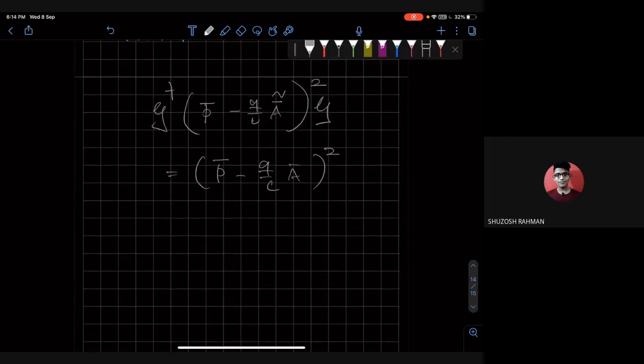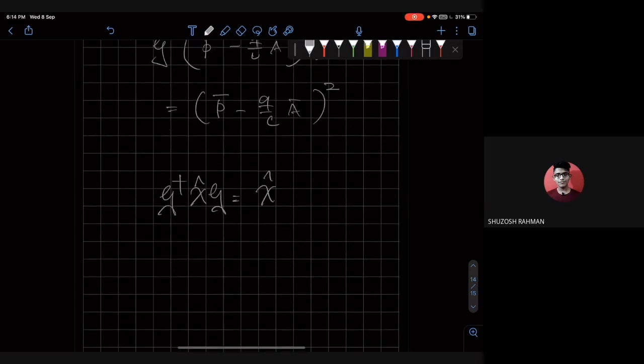And that's because if I have an equation where G dagger chi hat G is chi hat, then if I take G dagger chi hat squared G, I can write this as G dagger chi hat G times G dagger chi hat G, because G G dagger is 1.